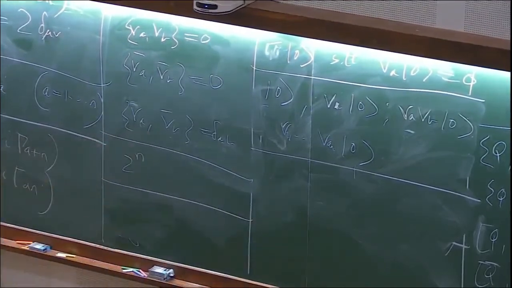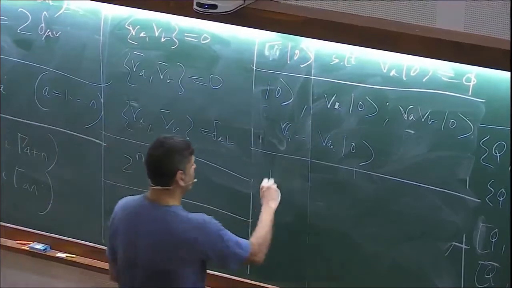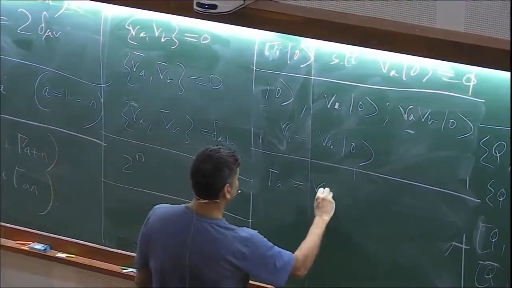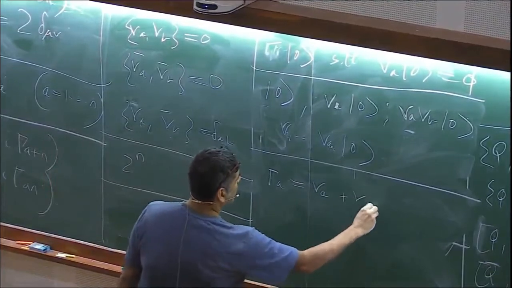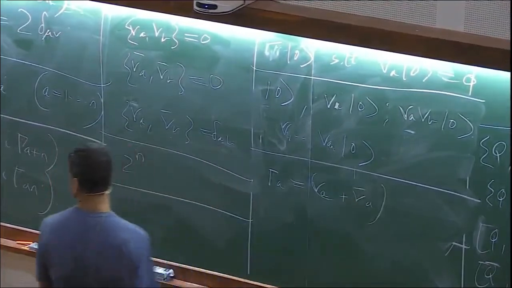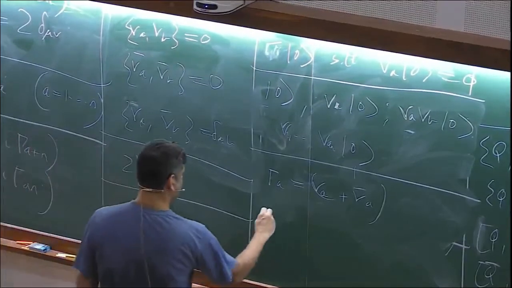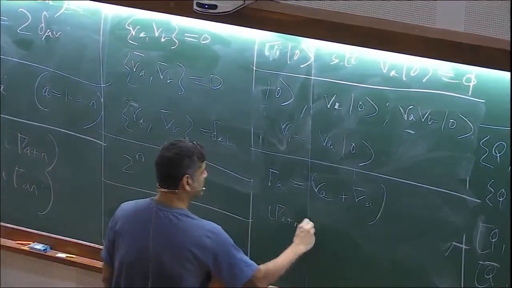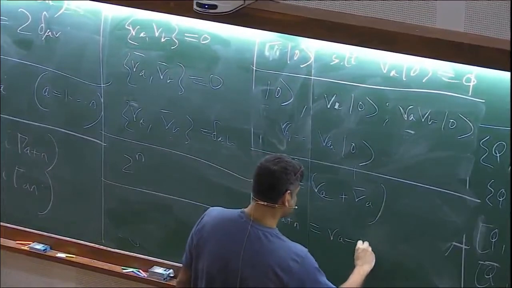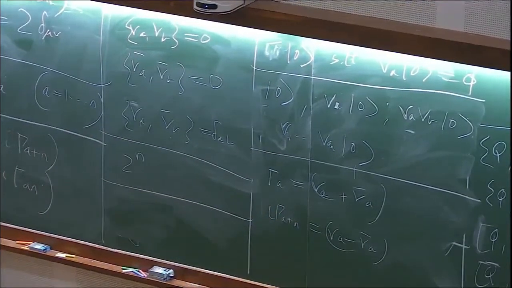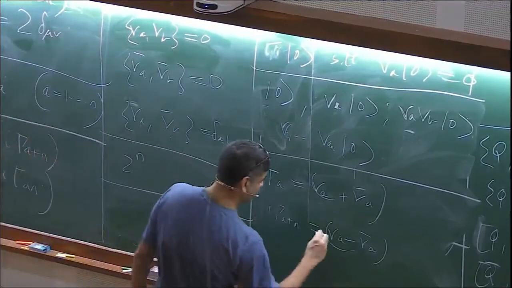Now, in this basis, we want to understand what these operators look like. But it's easy to put them down, because Γ_A is equal to little γ_A plus γ̄_A, and i times Γ_{A+n} is equal to little γ_A minus γ̄_A. Right, so we could put in a minus i here.